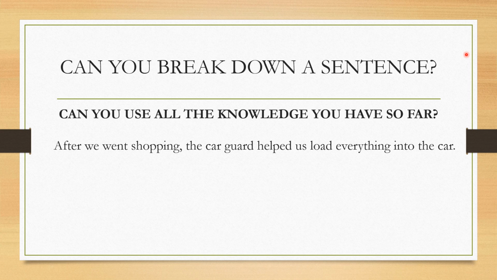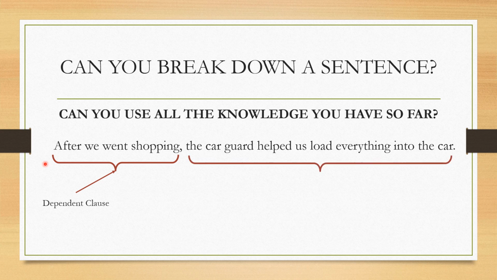A sentence is always an independent clause, right? So, can you tell me what this part is? I think the comma is giving it away, don't you? This is a dependent clause, because if we read it just by itself, after we went shopping, it doesn't really make sense, you see. So this is our dependent clause.